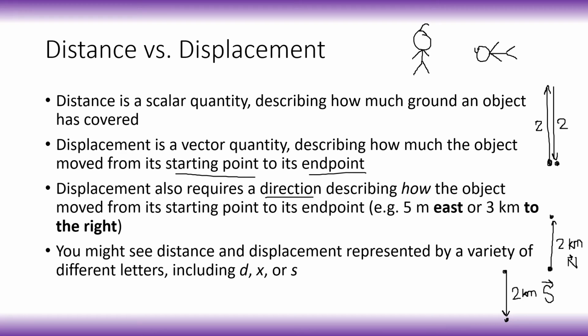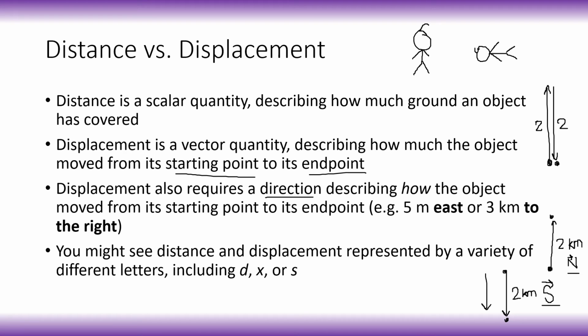As you saw with the school thing, my distance going from home to school is 2 kilometers, but my displacement is 2 kilometers north. And then coming back home, my distance is 2 kilometers, but my displacement is 2 kilometers south. So displacement always has that direction attached to it.